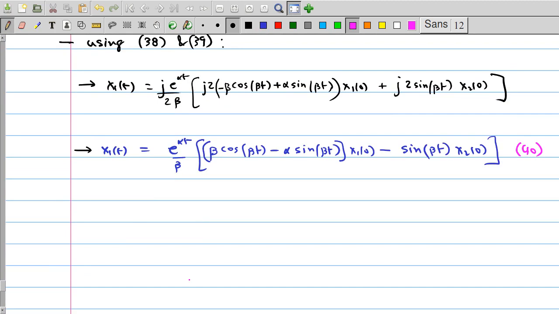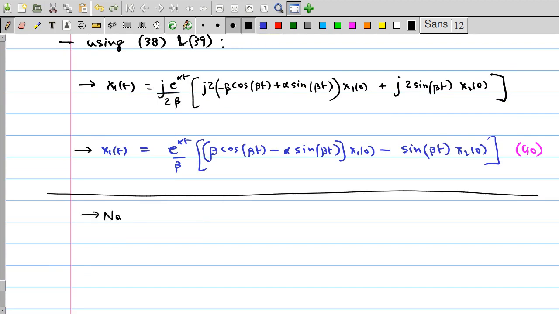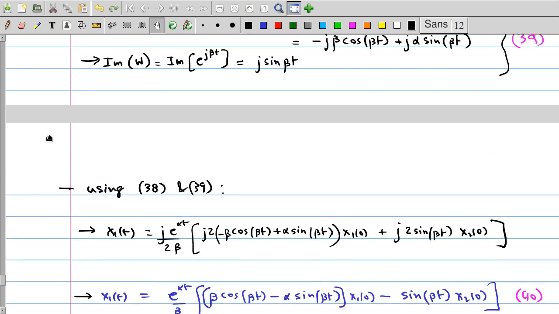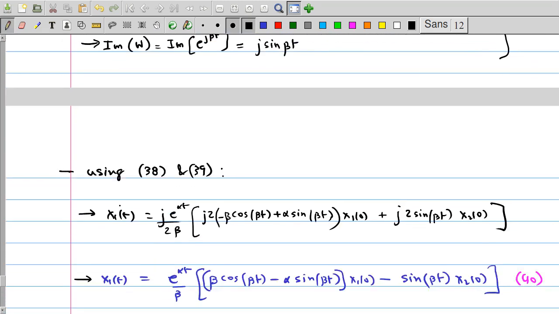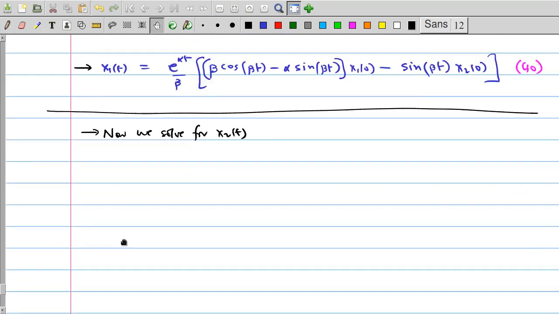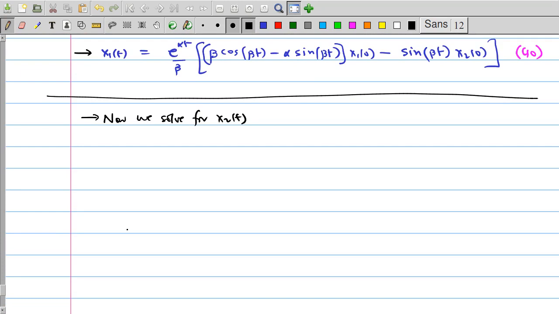Now we solve for x2. It's just the derivative of that, is it? Oh yeah, that makes it much easier. We don't have to actually use that formula.